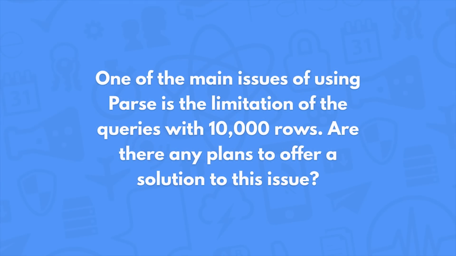One of the main issues of using Parse is the limitations of the queries with 10,000 rows. Are there any plans to offer a solution to this issue? Yeah, so I believe that the issue they are referring to is that by default, when you query a class from Parse, you get up to 100 objects. You can use the limit parameter to get up to 1,000 objects with one query.